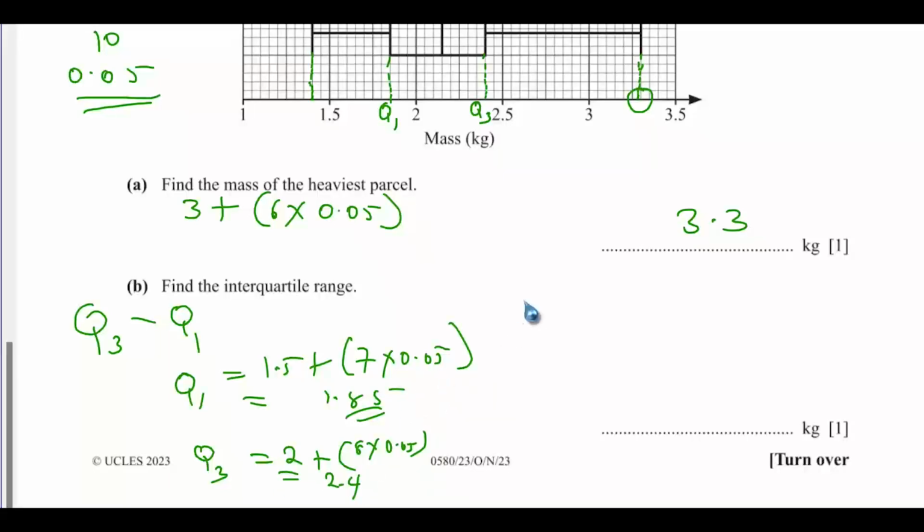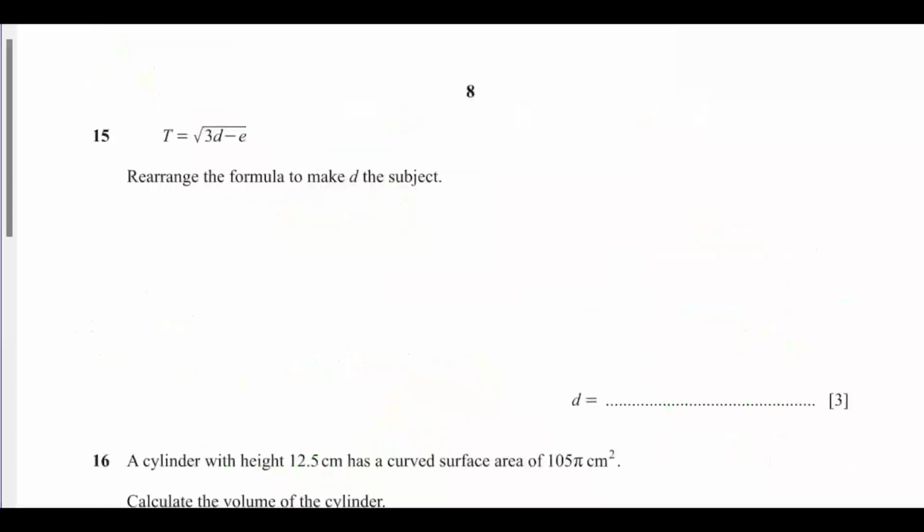Okay, so now you can get Q3 minus Q1, that's the interquartile range. That will be 2.4 minus 1.85, and that will be equal to 0.55. So that is what you get, 0.55 kilogram. Okay, so let's go to the next question.